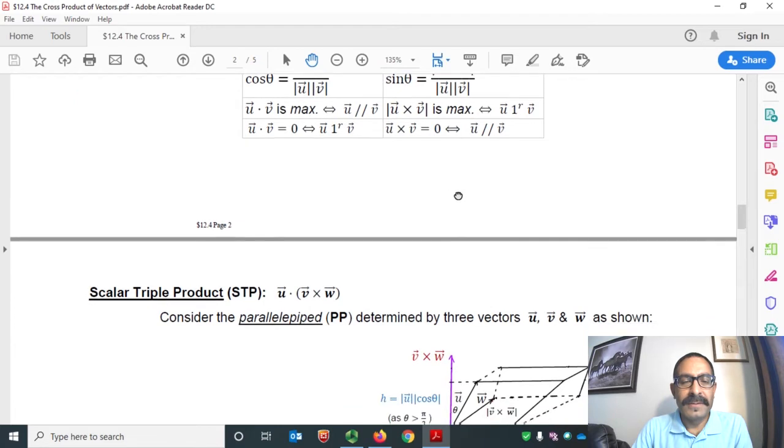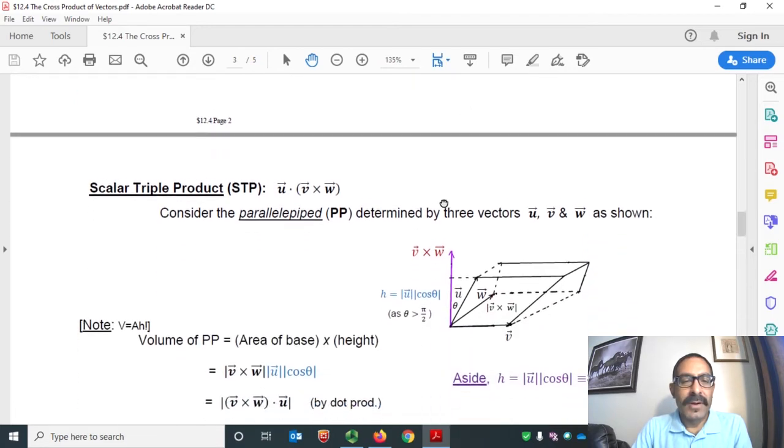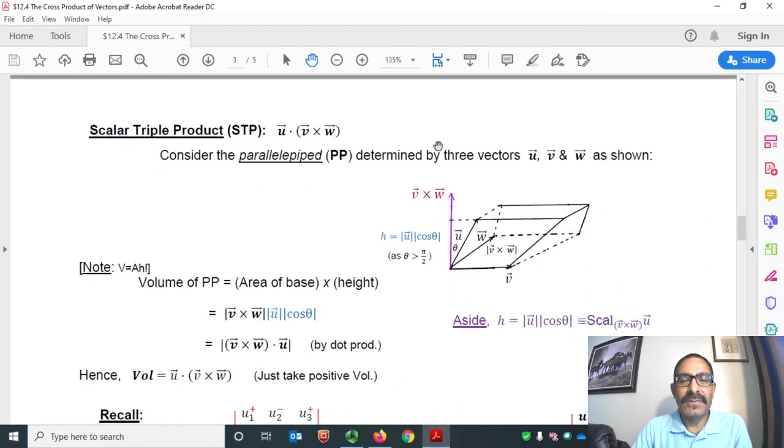Now let's move on. Next, let's talk about the scalar triple product, which is denoted by u dot v cross w. So consider the parallelepiped, I call this PP for short, determined by three vectors as shown. Let's talk on this diagram here. This is the u vector, this is the w vector, and this is the v vector.